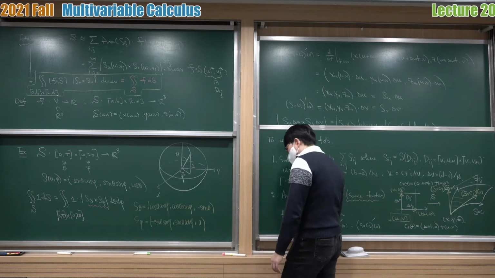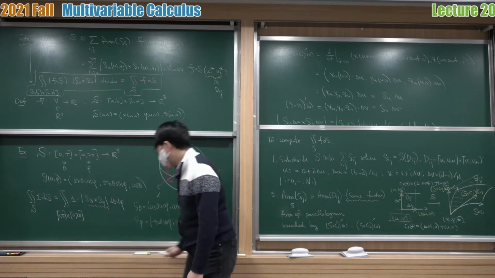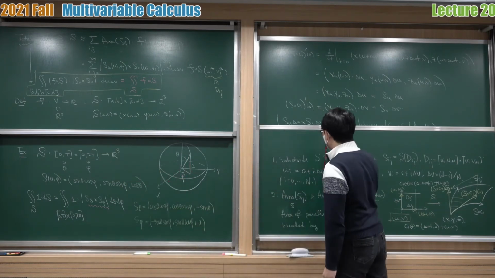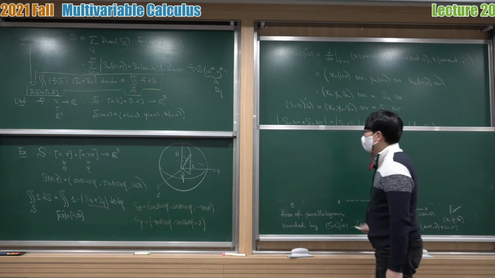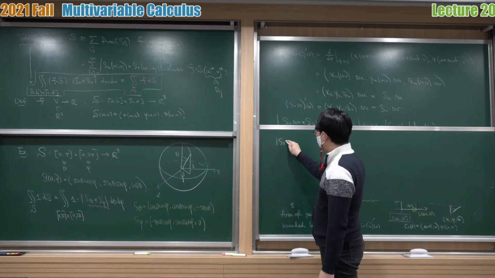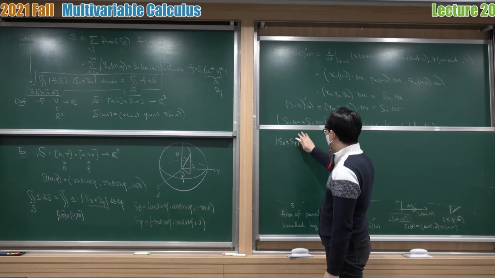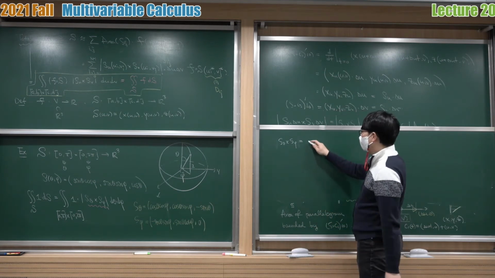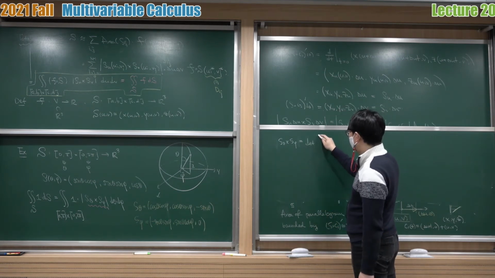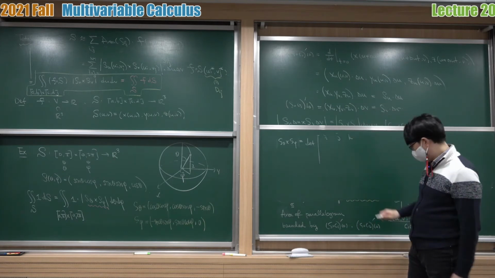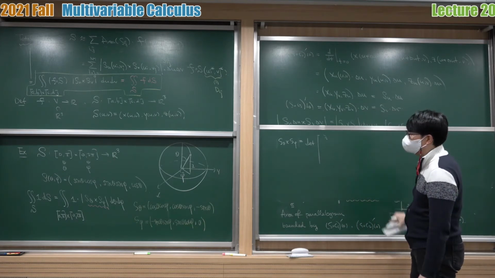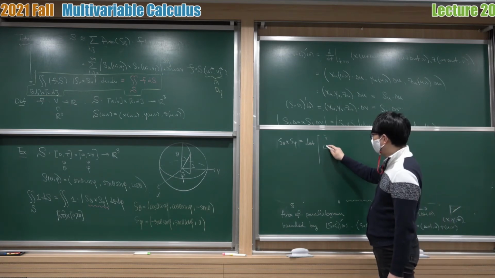So let's take the cross product, S_theta cross S_phi. Let's take the cross product first, and then take the norm later. It is the determinant of a 3 by 3 matrix. So this is how you remember the cross product, as I always emphasize.